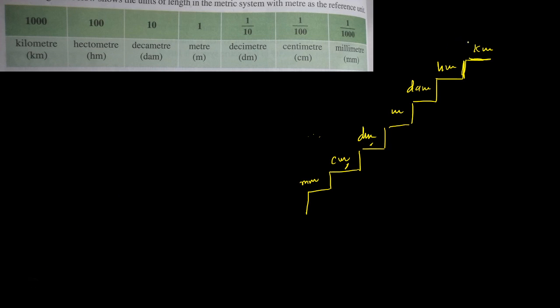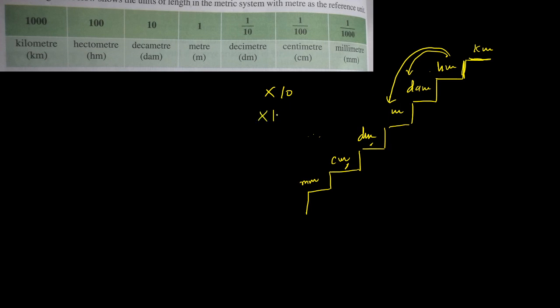In the same way, if you are standing on, let's say, hectometer, and you have to come to the decameter, so you are coming down. For coming down, I have told you, you have to multiply. And how many stairs are you coming down? Only one. So you have to multiply by 10. If you are coming from hectometer to meter, you are coming 2 stairs down.